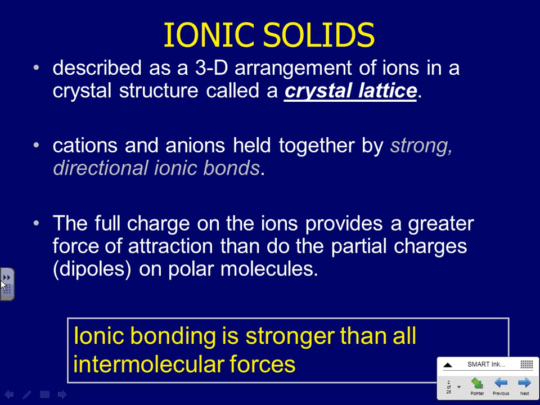And like I said yesterday, at the beginning, last year when we looked at intermolecular forces, we started by talking about ion-ion interactions. I didn't include that in yesterday's discussion because we were going to deal with that today. So ionic solids, we're really talking about ion-ion interactions.